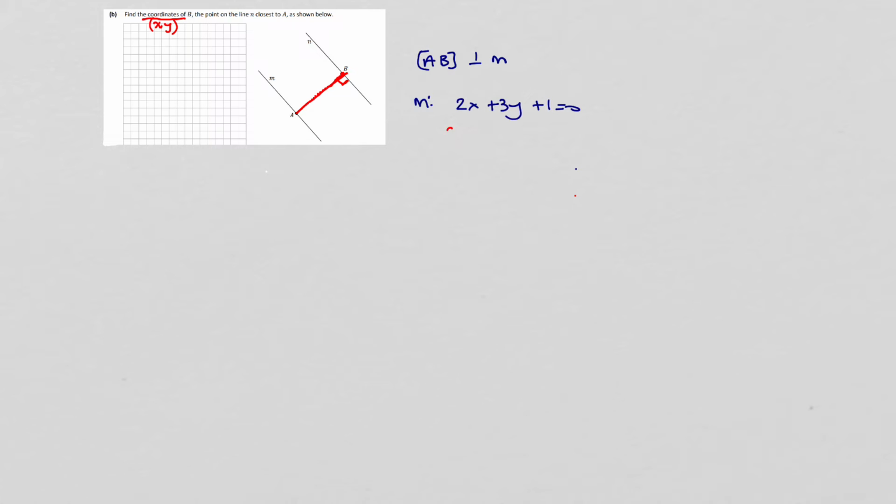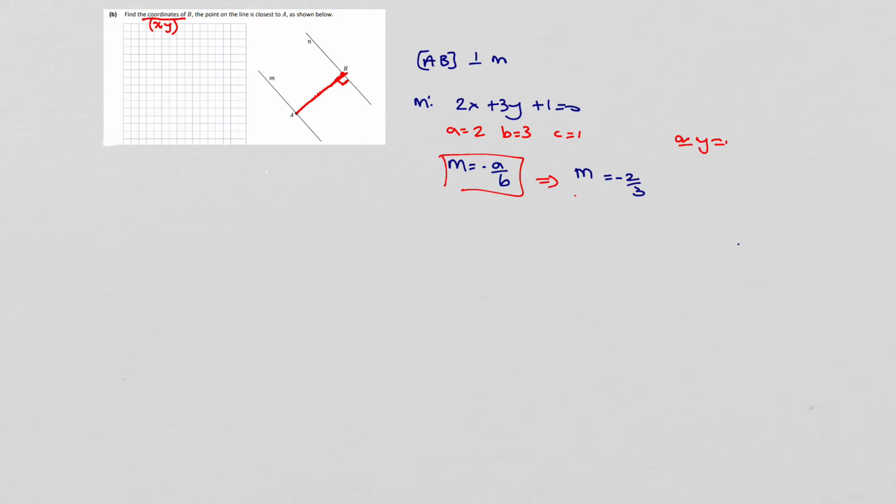So I can work out the slope of the line M and then get the perpendicular slope. A is 2, B is 3, C is 1. You can either get your slope in the form y equals mx plus c, or m is equal to minus a over b. So the slope of the line M is minus 2 over 3.